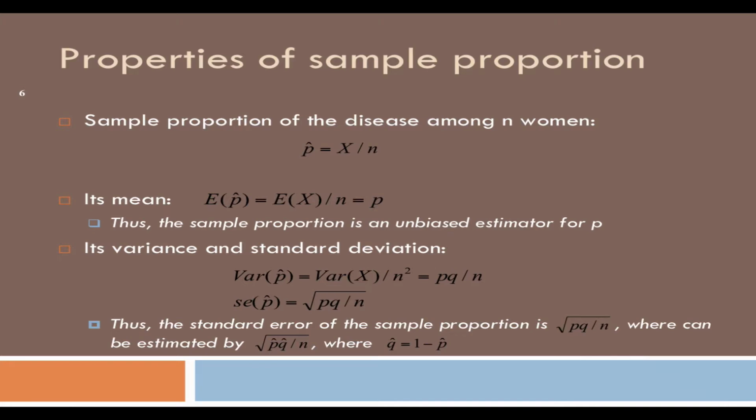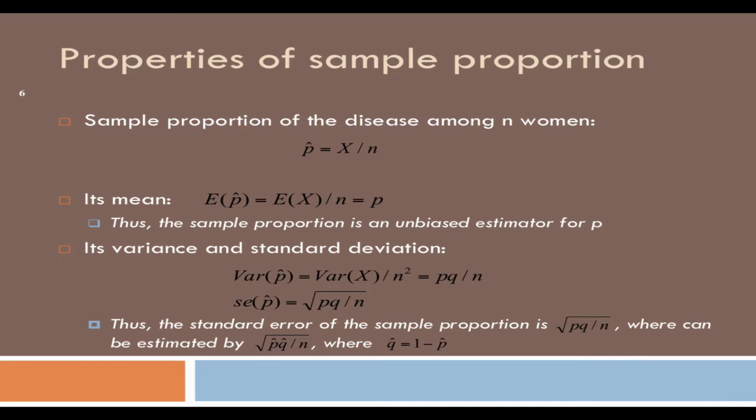So it's the variance of x over n squared. The variance of x is n times p times q. So n times p times q over n squared is p times q over n. That is the variance. If you take the square root of this variance, the standard error of p hat is the square root of p times q over n.